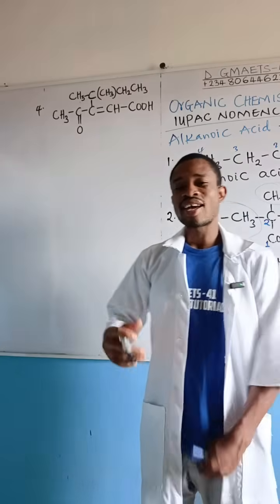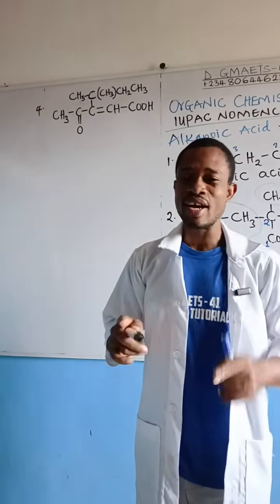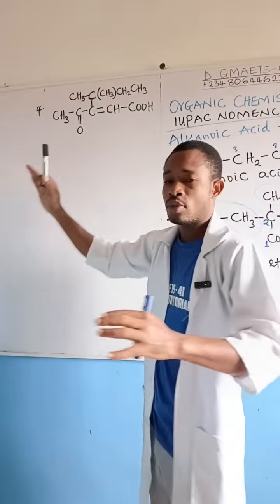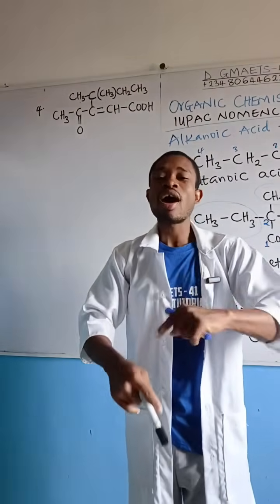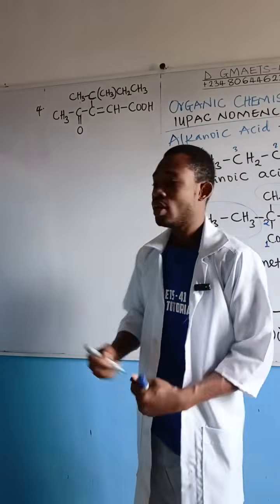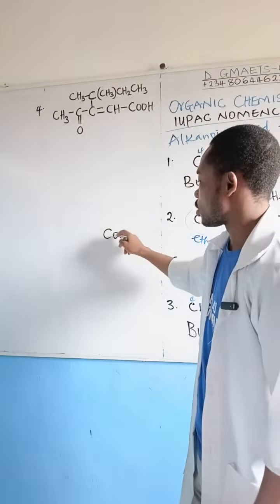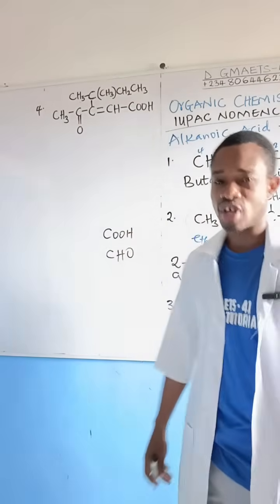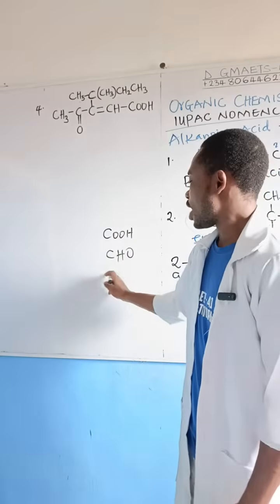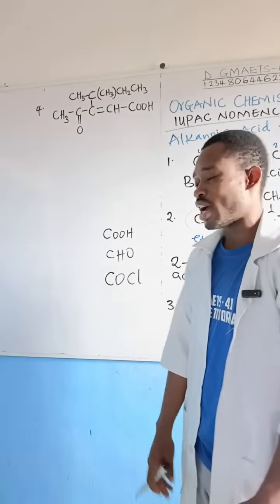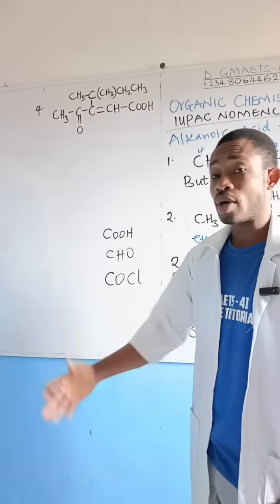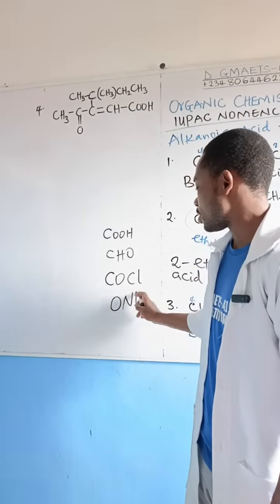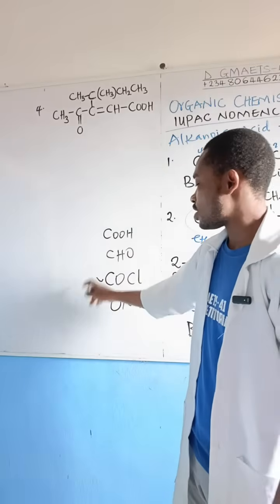You consider it as a substituent in a case where it is seen in a structure that has a terminal functional group. COOH is a terminal functional group, like I said. Alkanal is a terminal functional group also. The next ones we are going to see are also terminal functional groups. These are derivatives of alkanoic acid.